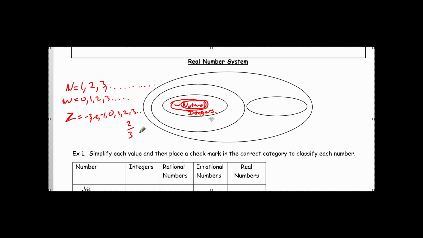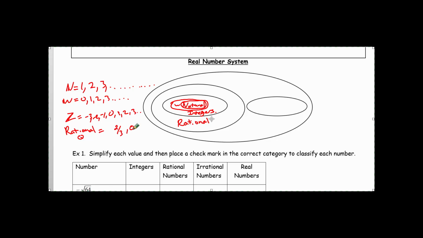That's what's called a rational number. A rational number is denoted by Q, for quotient. So a rational number is the next circle. Rational numbers are numbers like fractions, like 2/3.